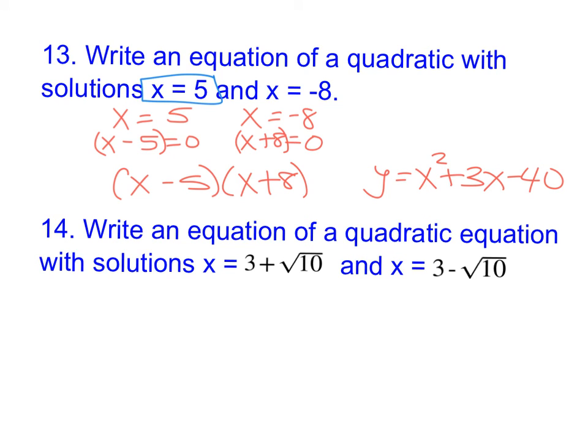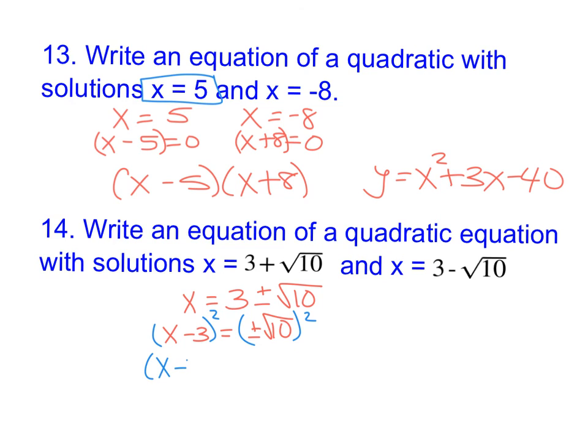In this one, our two solutions are 3 plus root 10, 3 minus root 10. So that means we had x equals 3 plus or minus root 10. So pause the video, see if you can go backwards with it. So I'm going to subtract the 3 on both sides. We need to get rid of that square root, so we square both sides.